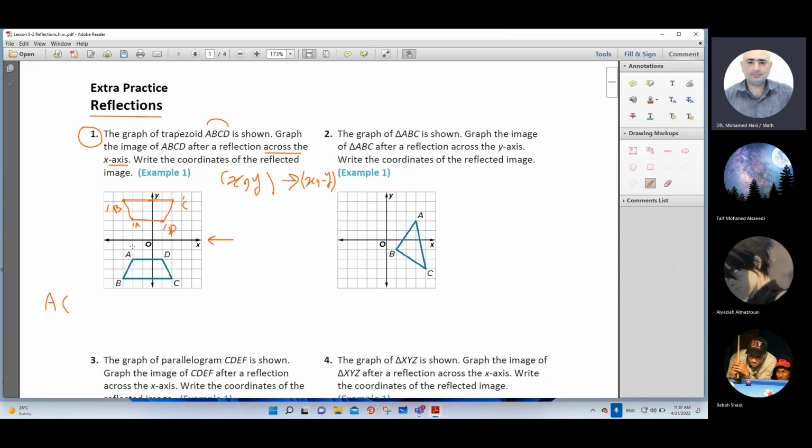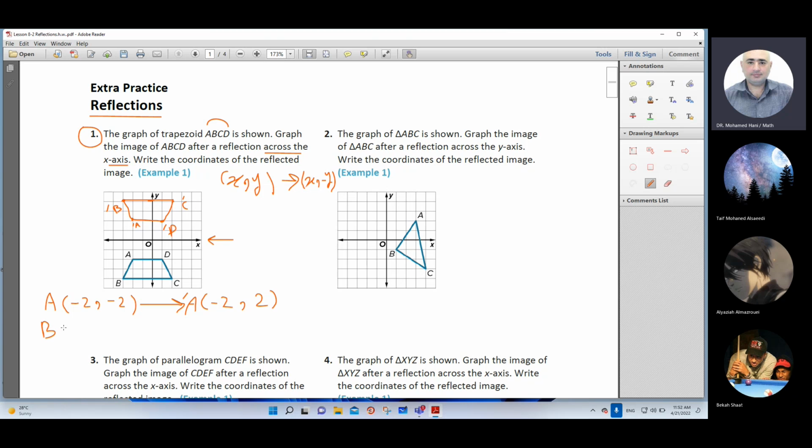As you see, A is -2 in the x and -2 in the y. So the reflection across the x-axis will be A prime. Keep the same x and take the opposite y. The opposite of -2 will be 2.